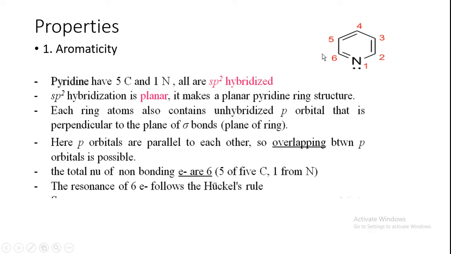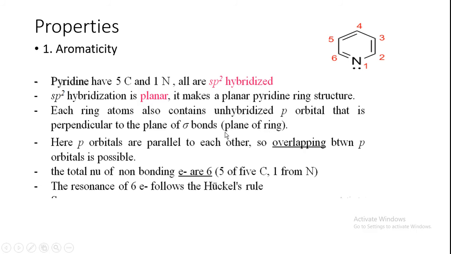So 5 carbons, 1 nitrogen, all are sp2 hybridized. sp2 hybridized orbital structure is planar, so it makes a planar pyridine ring structure. Overall this will have one plane. Each ring atom also contains an unhybridized p orbital that is perpendicular to the plane of the sigma bonds.